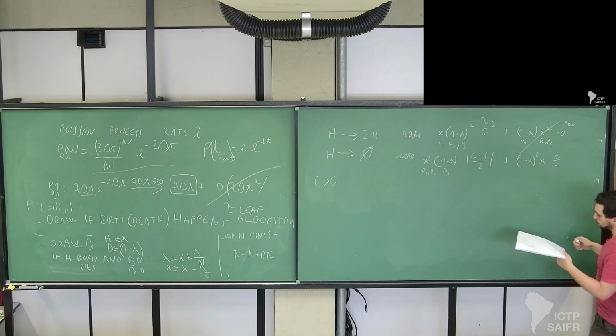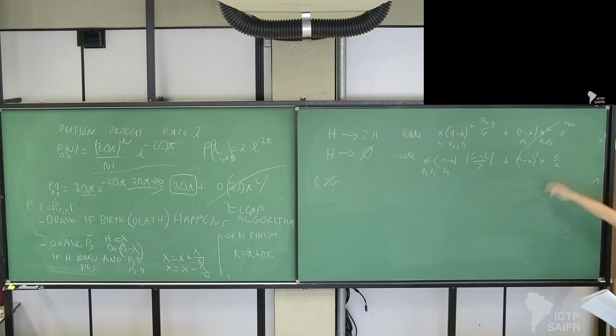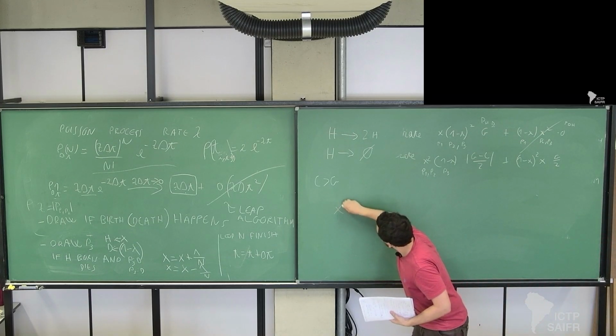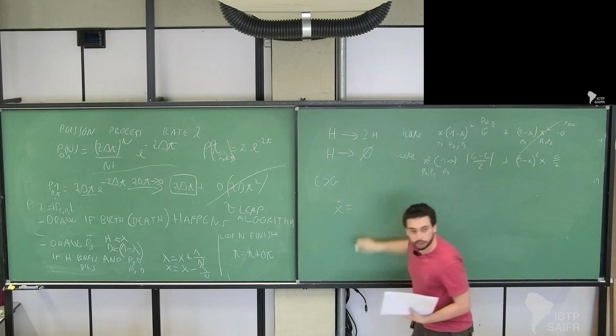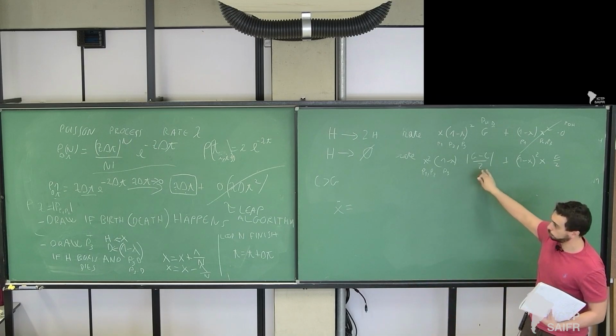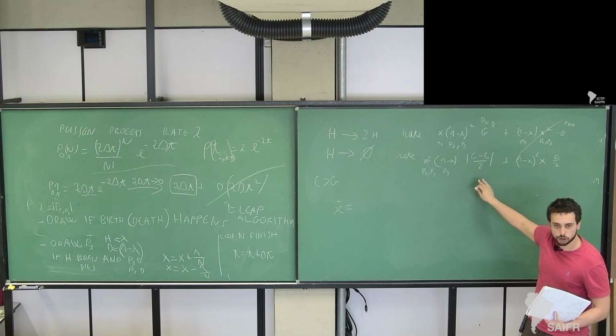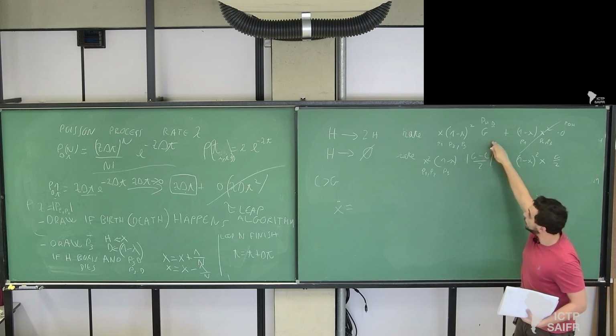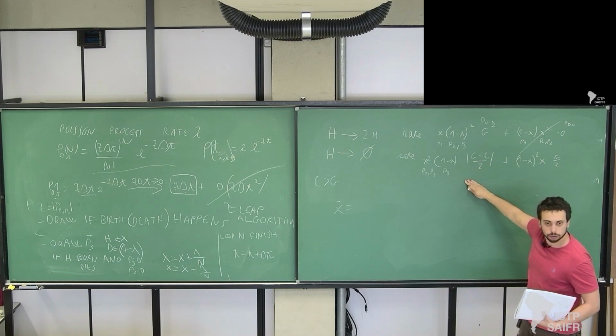Now, if you sum all of this together from these rates, you can write down the deterministic part of the time evolution of the composition of the population. You essentially do this minus this, okay?